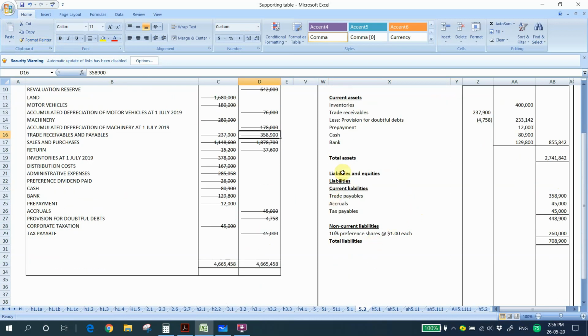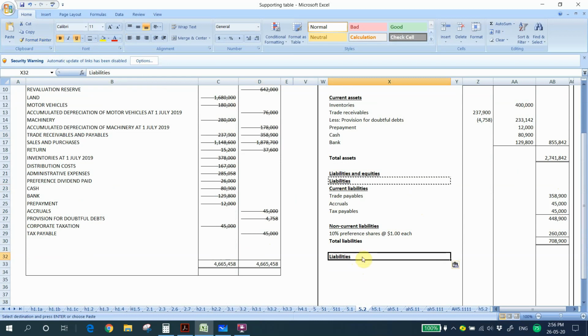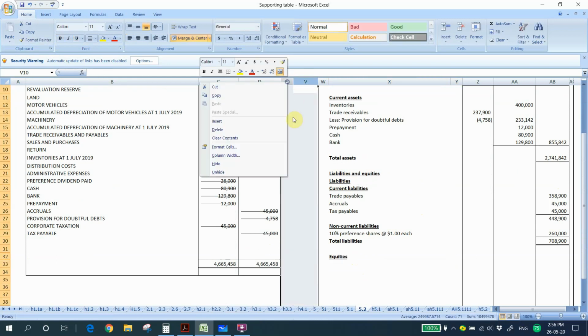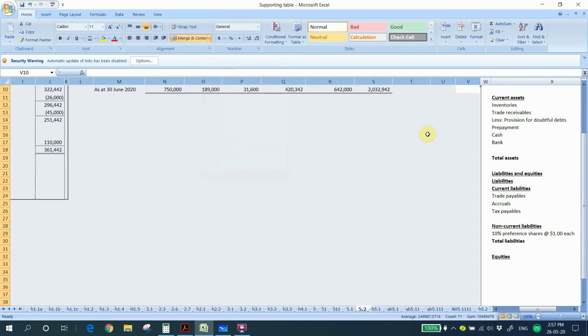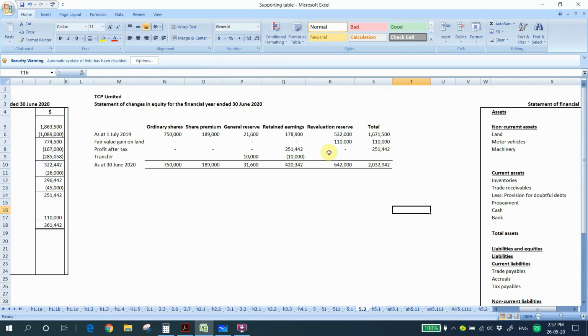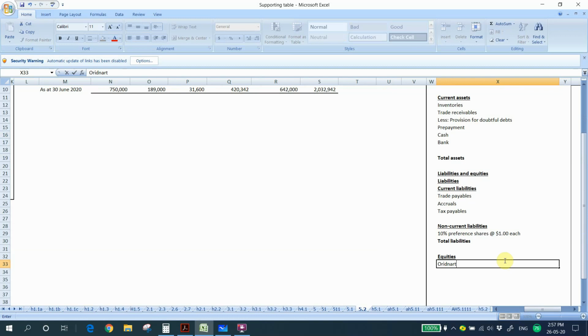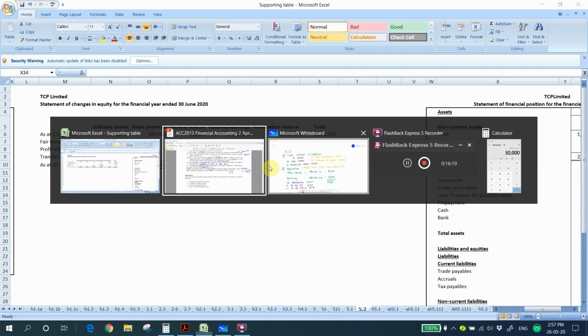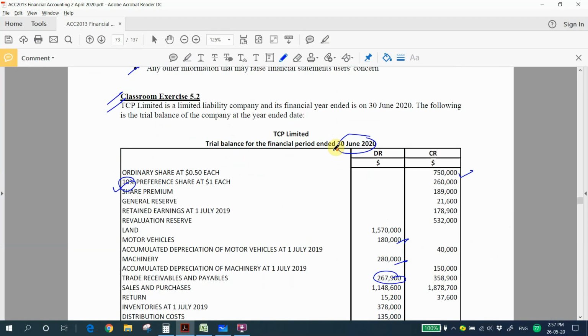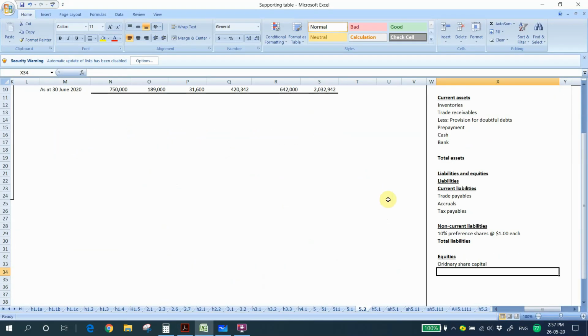And the last section will be our equities. For the equities, we have to refer to the statement of changes in equity. We follow the sequence here. Ordinary share capital, and this ordinary share capital is 50 cents each.